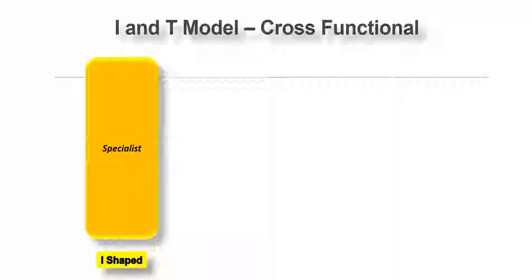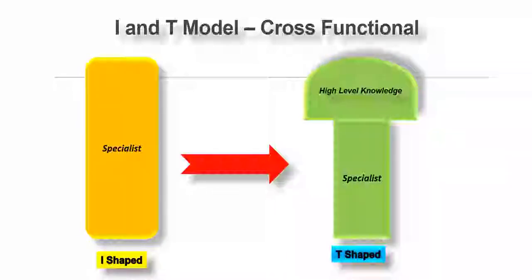Secondly, Agile talks about having a cross-functional team. As an expert on any technology, we are SMEs of that particular technology, and in our IT industry, we are called the I model. I am an SME of my own skill set, my own subject.